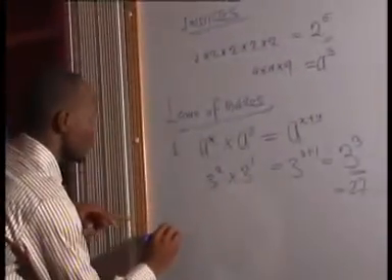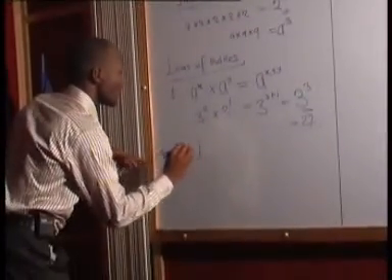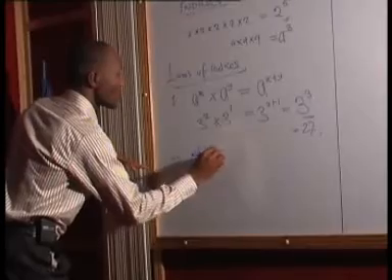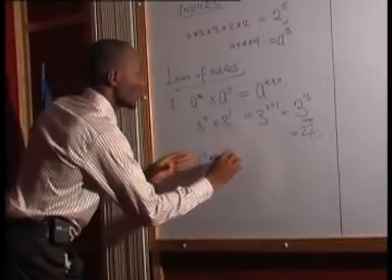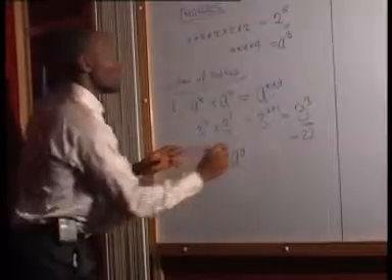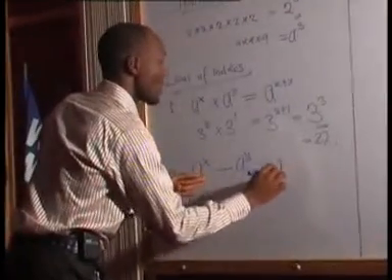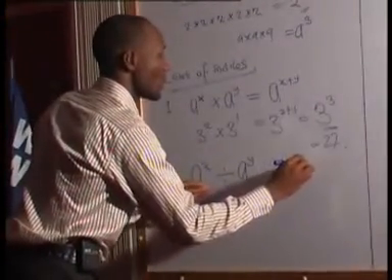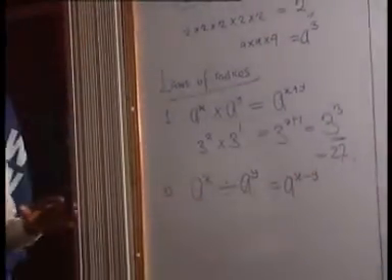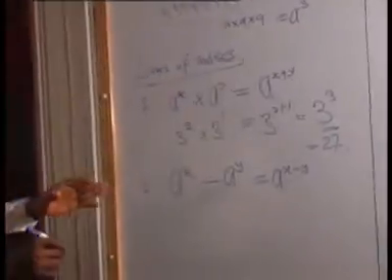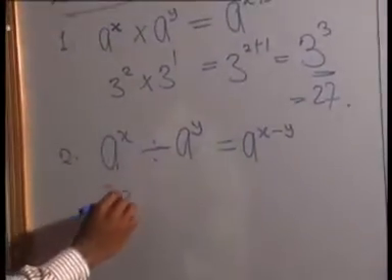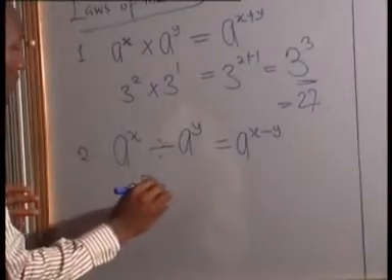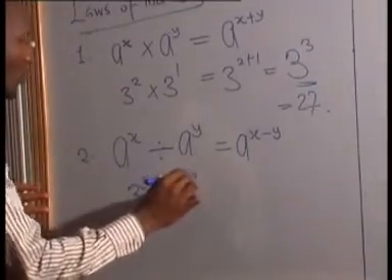The second one, if a raised to power x is divided by a raised to power y, you're going to have a raised to power x minus y. Are you getting it? Yes. For example, you have 3 raised to power 5 divided by 3 raised to power 2.